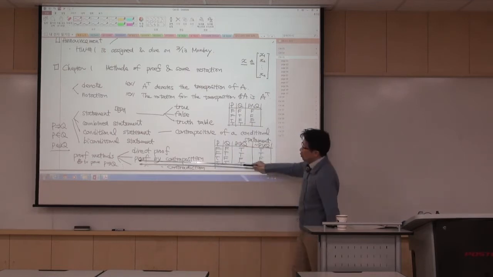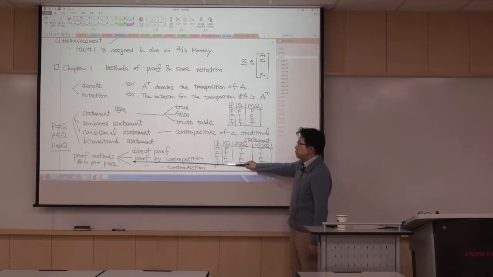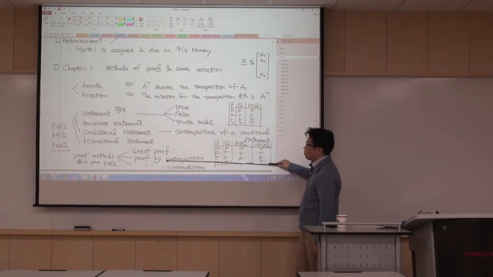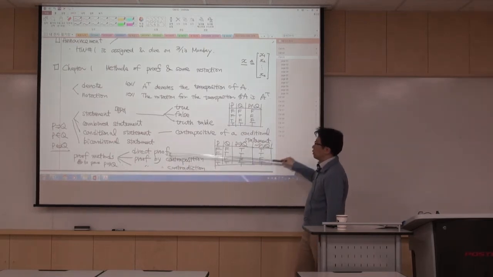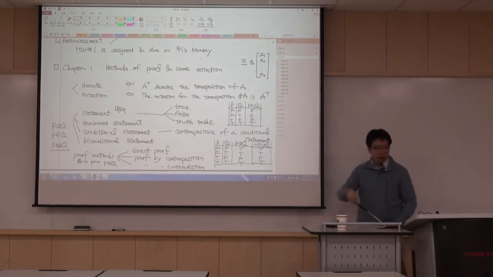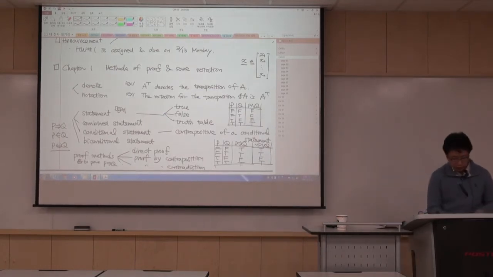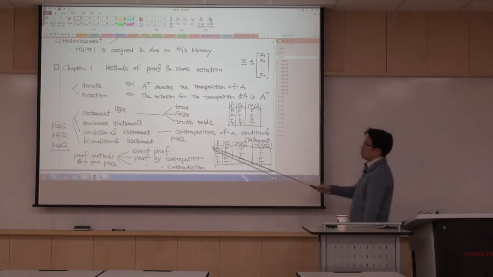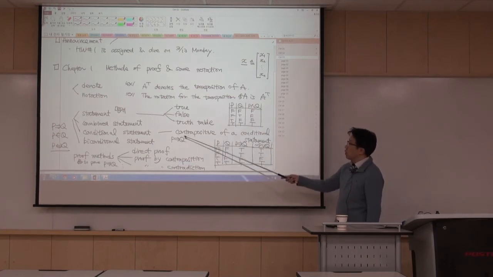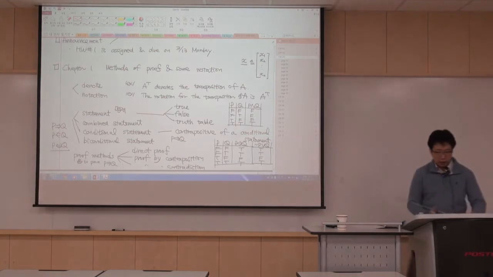In order to know what a proof by contraposition is, we have to define the contraposition of a conditional statement, or the contrapositive of a statement. Suppose that you have a conditional statement P implies Q. The contrapositive or contraposition of this statement is what?